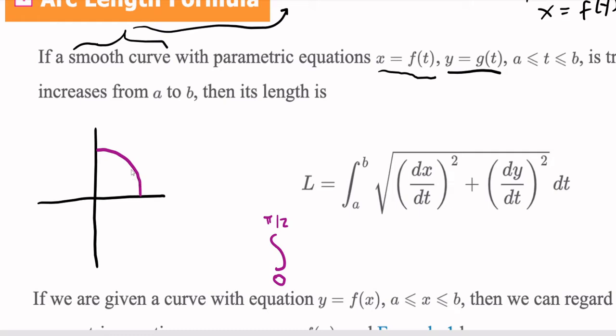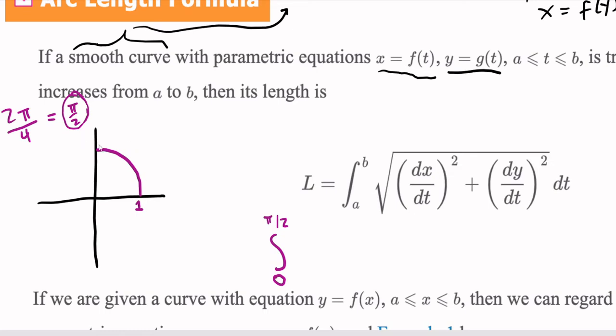You know what this is. This is a circle of radius 1. You know the full circumference of the circle is 2 pi r, 2 pi. I'm only doing a fourth of that. So we know that this length should be 2 pi over 4, which is pi over 2. So just always remember, you can use just thinking about stuff you know to get an idea what these problems should be. So that's the length of this arc.